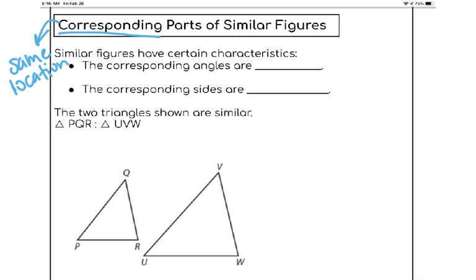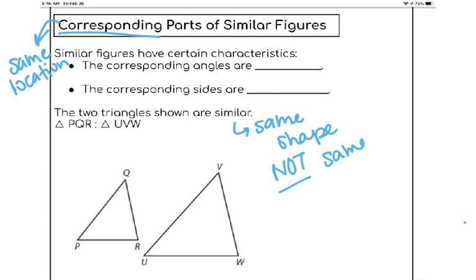But the thing you need to know about similar figures is that they're going to have certain characteristics. With figures that are similar, we know that they are the same shape, but they are not the same size. Okay? That's when they're similar.